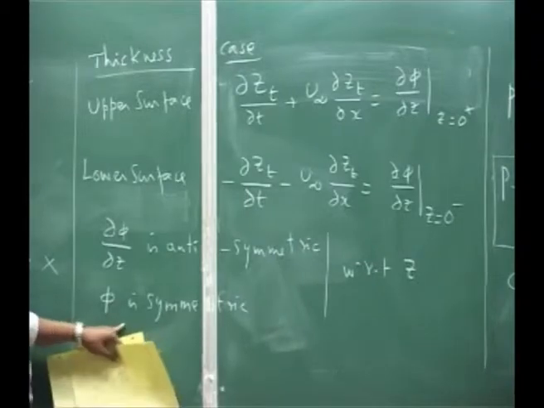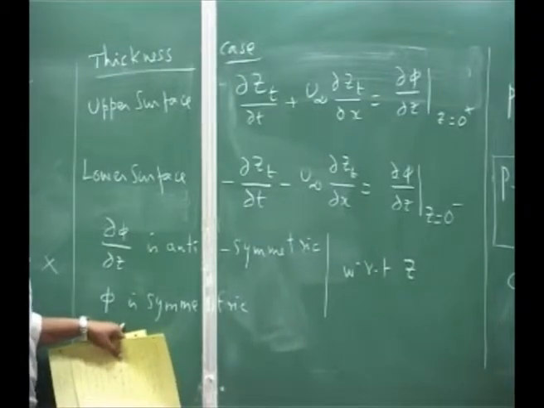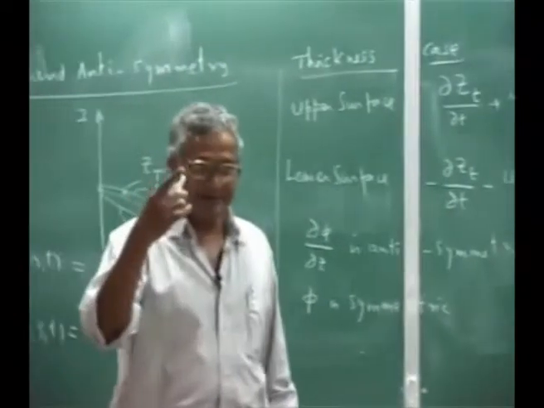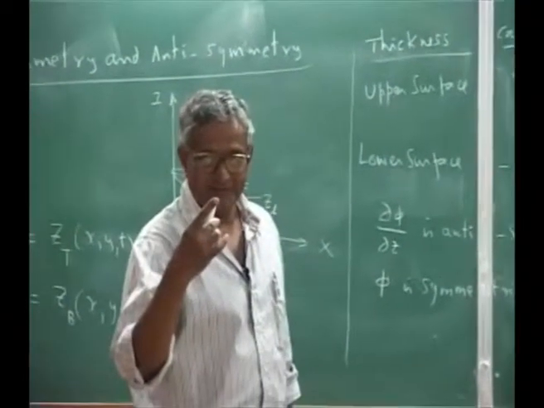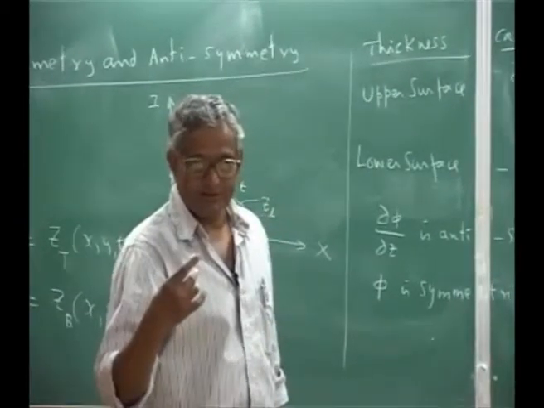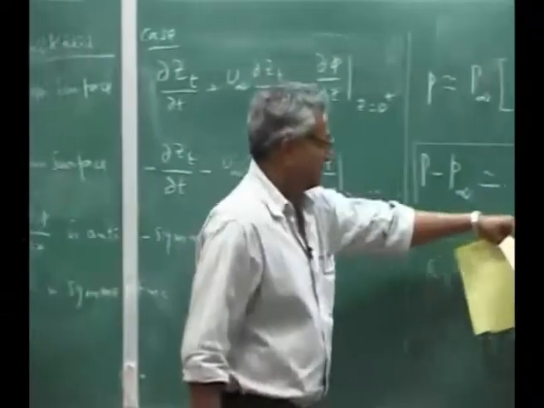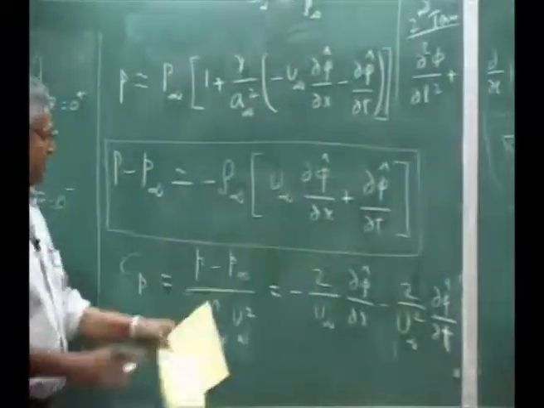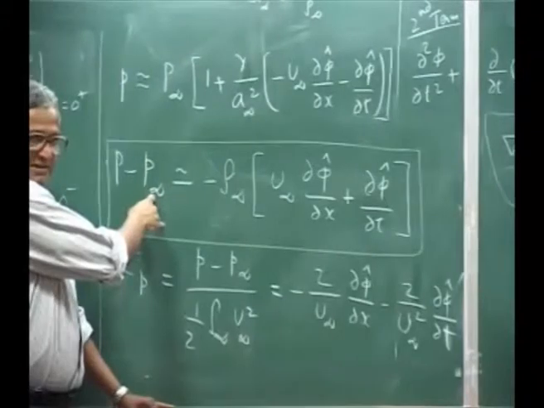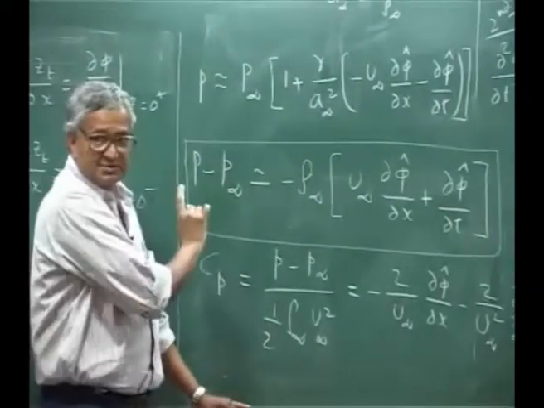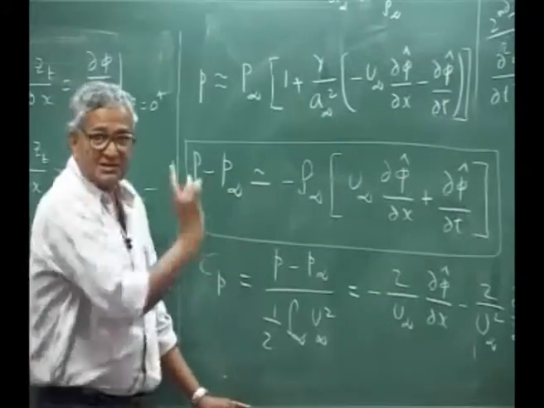If phi is symmetric, that means the top surface phi and bottom surface phi should have the same value. Now if I go to the pressure, P minus P infinity, if I take P top surface, it will be P top surface minus this. P bottom surface, it will be P bottom minus this.